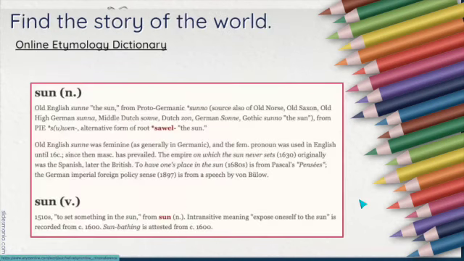The last bit, and this happens to be my favorite part, is when you go exploring for the story of the word. And that should say word, not world at the top, my mistake. The story or the history of the word is this pet project that this gentleman has done, where he has created an online etymological dictionary for tons of words.